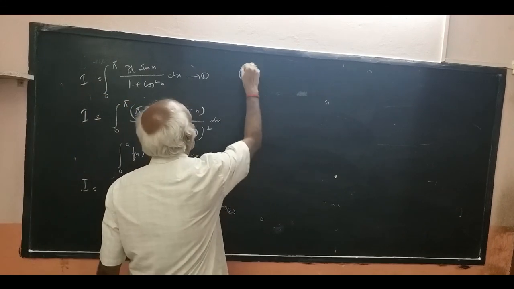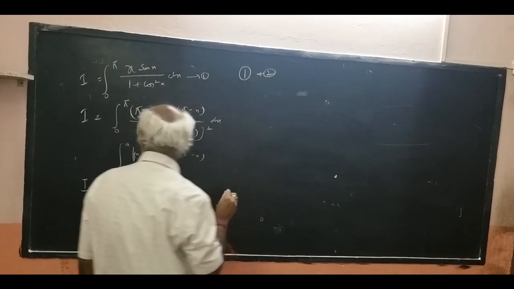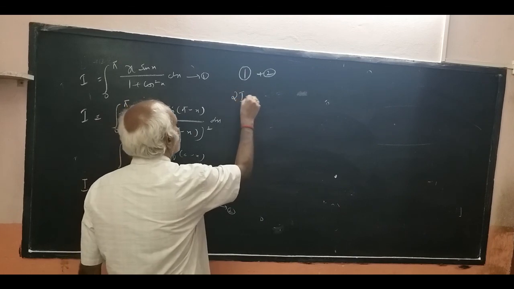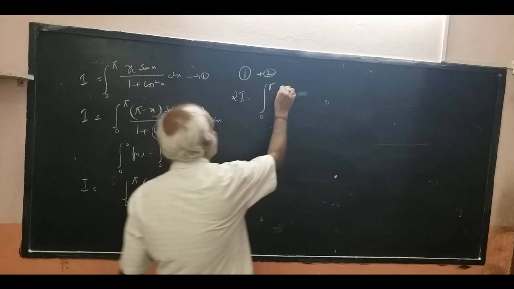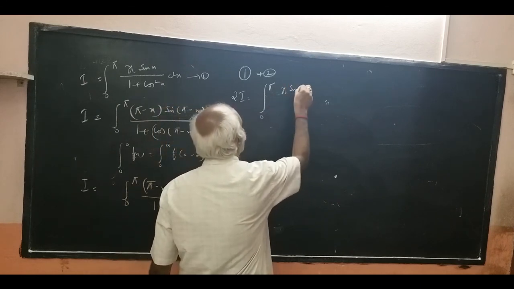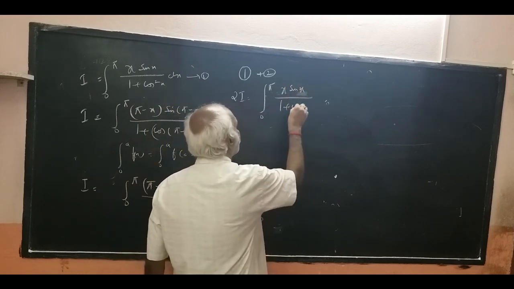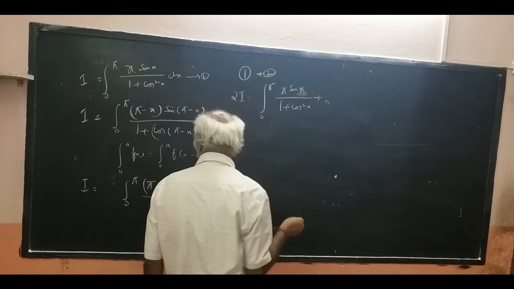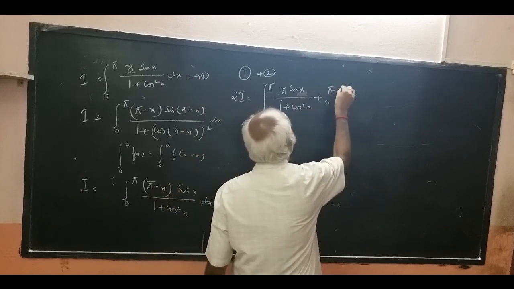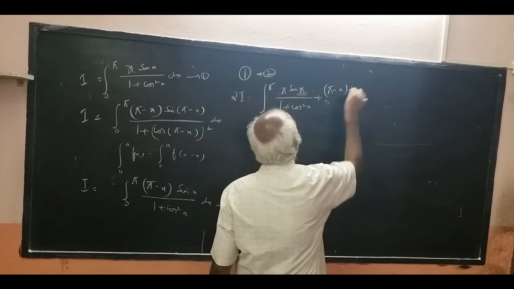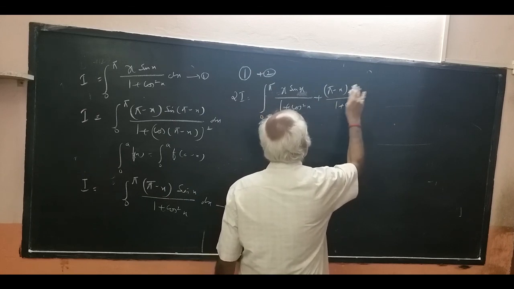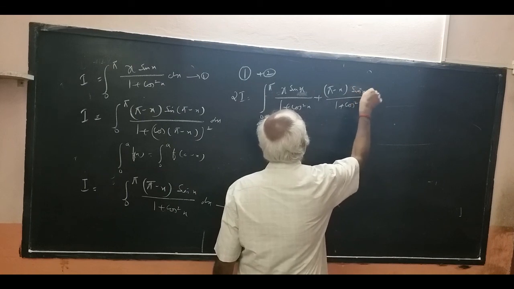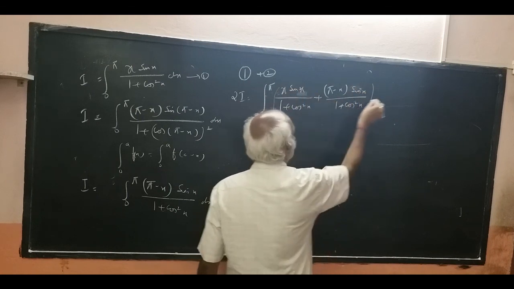Now 1 plus 2. What is 1 plus 2? 2i is equal to 0 to pi x sin x by 1 plus cos square x plus pi minus x into sin x by 1 plus cos square x dx.